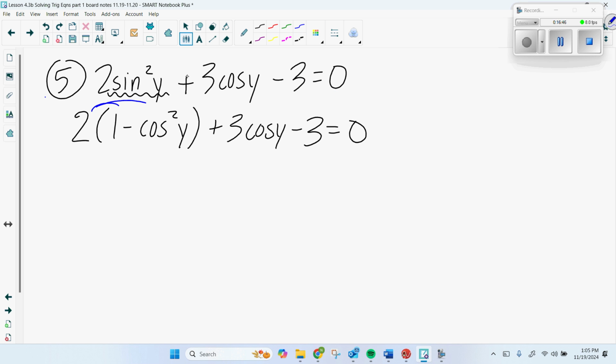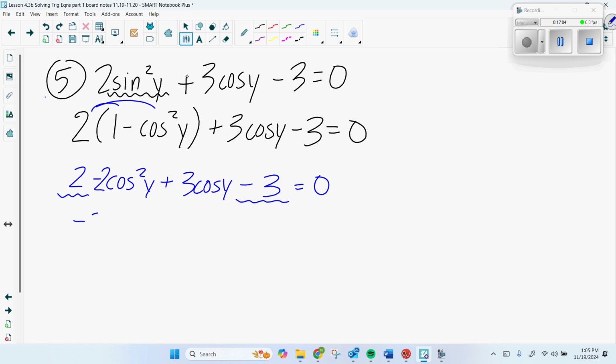And so now I'm going to simplify it. I'm going to distribute, multiply the 2 all the way in. The only like terms we have are the 2 and the 3. That 2 minus 3. So I'm going to have this.